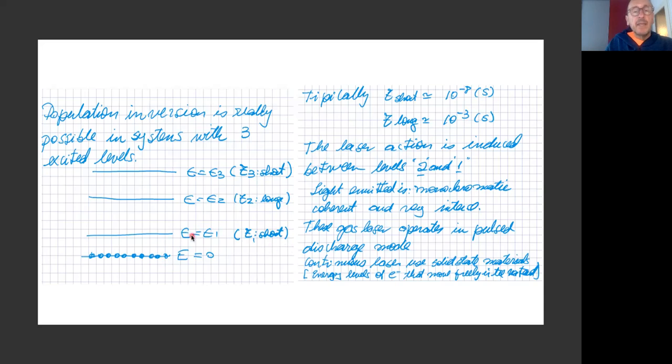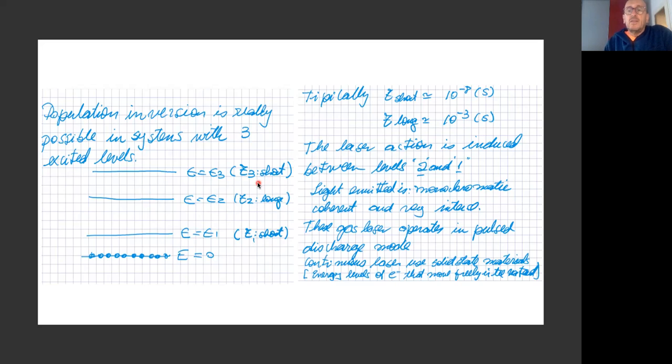I would like the time of residence of the atom in this excited state to be T1, to be very short. For T2, the residence time in this excited state, I want it to be long. And the residence time in this excited state here, T3, I want it to be short.